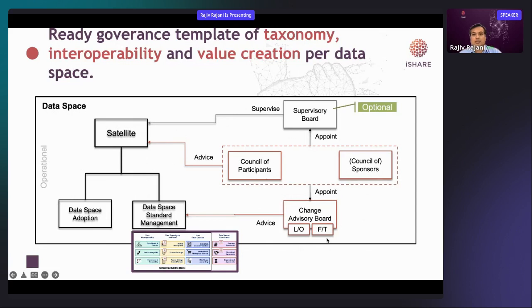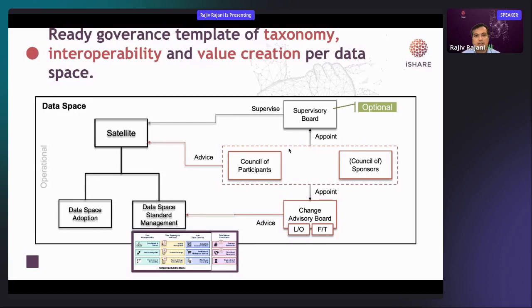So each participant sends their own representative, and together they make a decision which is commonly agreeable for all of them. Legal and operational, on the other hand: when you have operational requirements for essential roles like the satellite and the authorization registry, these operational experts can determine what operational requirements they need from them in order to make sure that the use cases and business cases remain operational, for example.